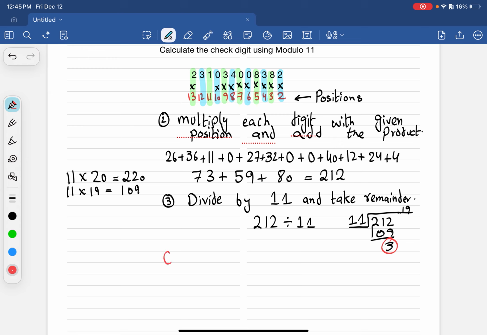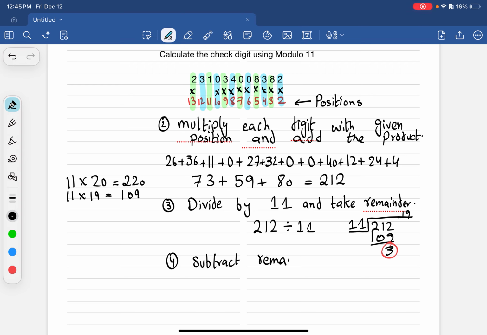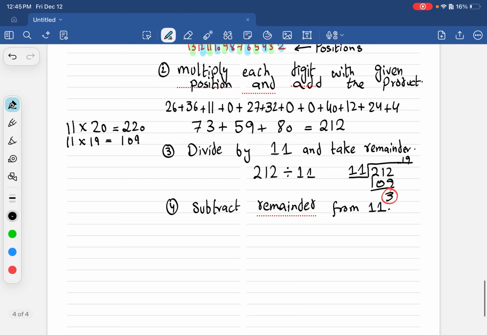Once we have the remainder, the last step is again quite similar to what we did in ISBN 13. Subtract the remainder from 11. Again, in ISBN 13, we had to subtract the remainder from 10. Over here, we have to subtract the remainder from 11.